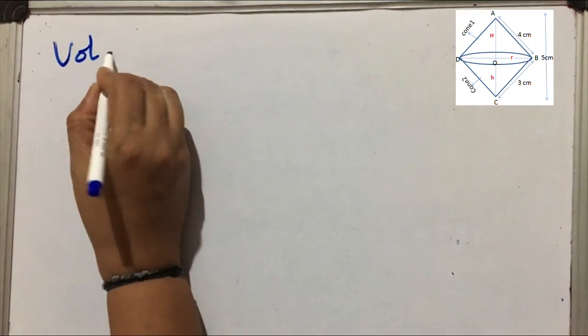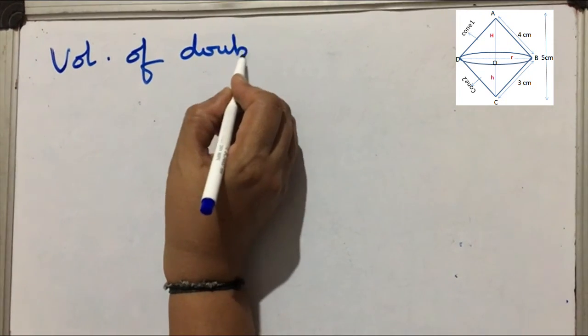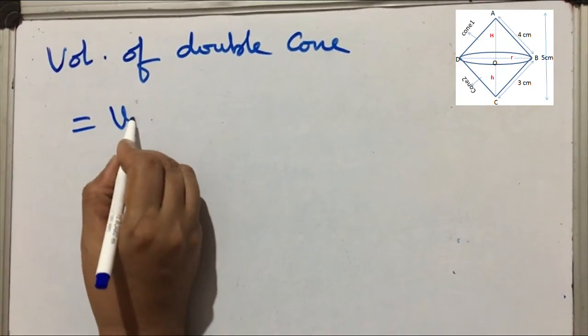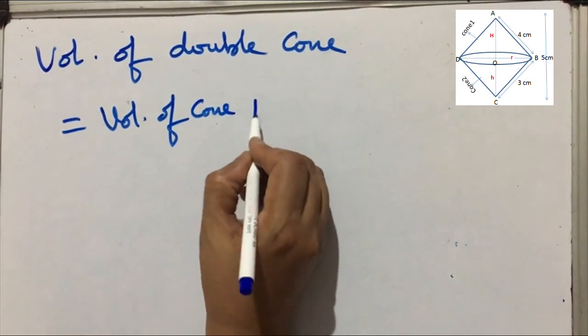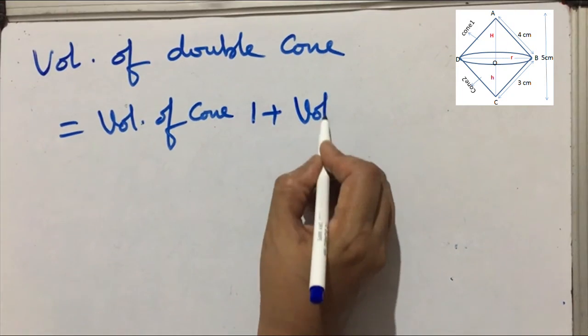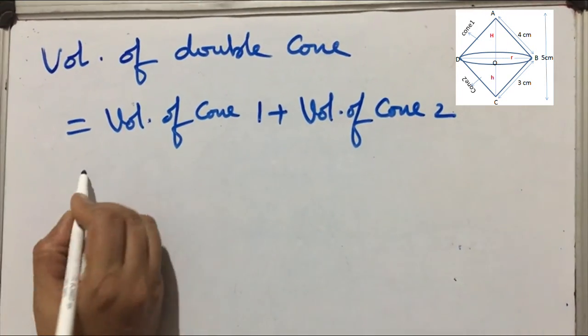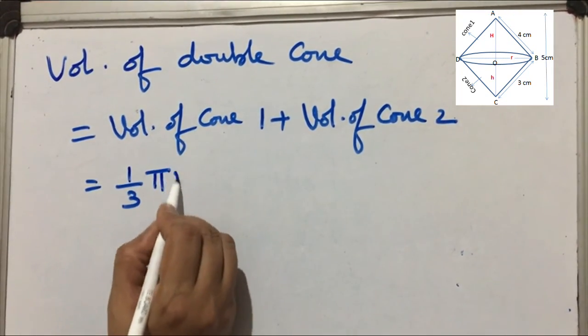To find the volume of the double cone, it is volume of cone 1 plus volume of cone 2. Volume of cone is 1 by 3 pi r square h.